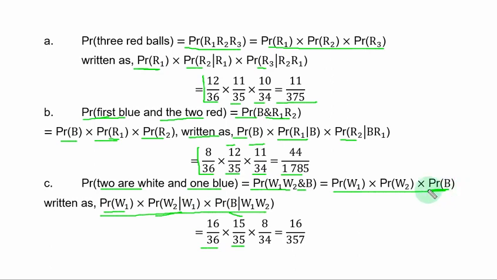At that point, the blue balls are 8 and the total now 34. You have picked 2 white balls without replacement. The total becomes 34, then you have 8. That is 8 over 34. When you simplify and multiply, you have 16 over 357.